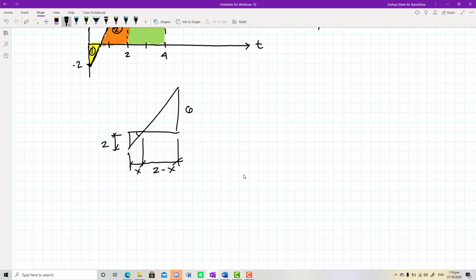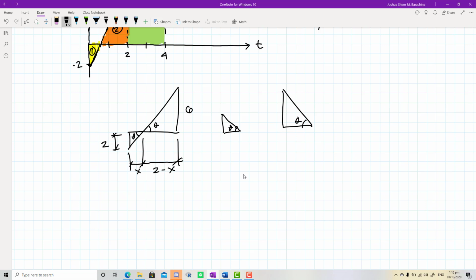This angle is equal to the other angle. That is theta. This is also theta. So using similar triangles, you can draw your smaller triangle here. And the bigger one. If this is theta, this is also theta.